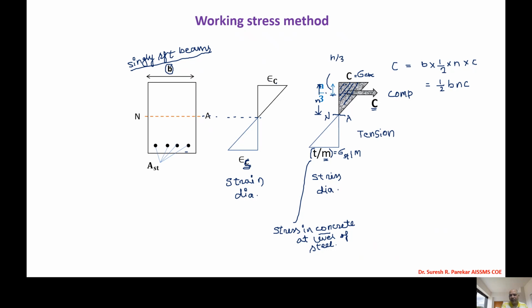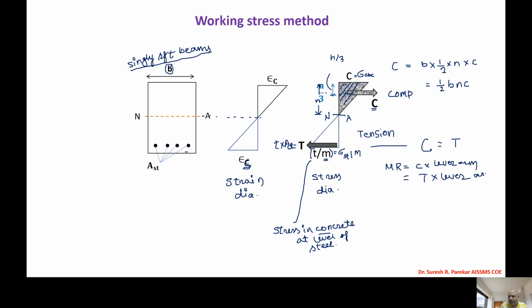Now we have the tensile force T, which is sigma ST into AST. These two should be the same. We should have C equal to T, because this is in equilibrium, and we can find MR, which is equal to C into the lever arm, that is equal to T into the lever arm.